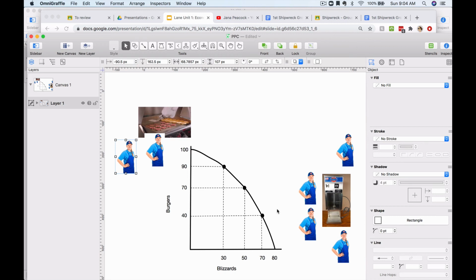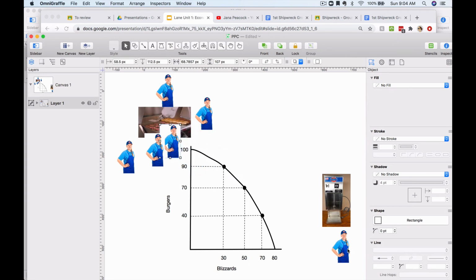So let's talk about what PPC is. Again, it stands for production, meaning things that you make, possibilities, meaning your options. So you could produce here with everyone at the burger machine, or you could produce at any point along this line.